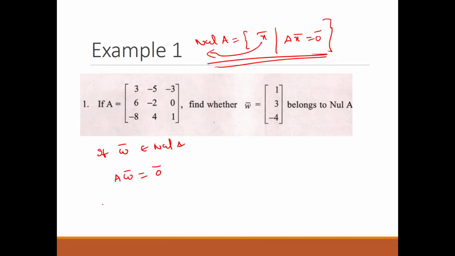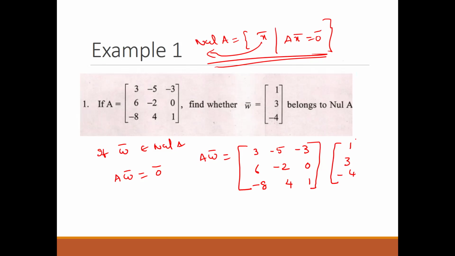So multiply A into W. A into W is equal to, what is your A? 3, minus 5, minus 3; 6, minus 2, 0; minus 8, 4, 1 into 1, 3, minus 4. So multiply it here, the matrix multiplication. 3 ones are 3, minus 5 into 3, minus 15. 4 threes are 12, minus into minus plus.